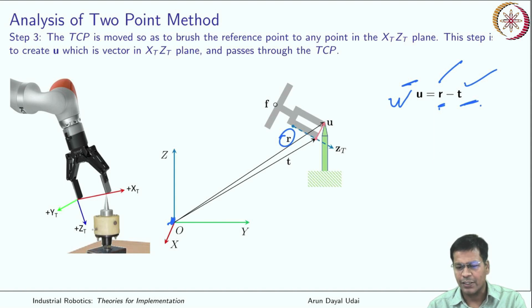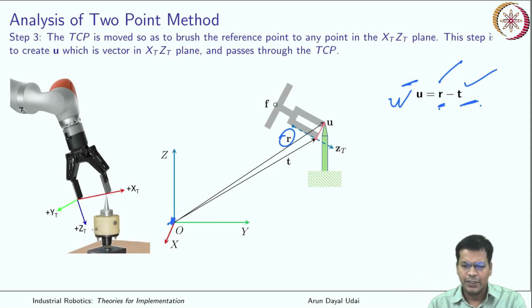U is a vector that lies somewhere near your x-axis of the tool, but it is on the ZX plane. Approximately it will be somewhere near the x-axis, but not necessarily that.